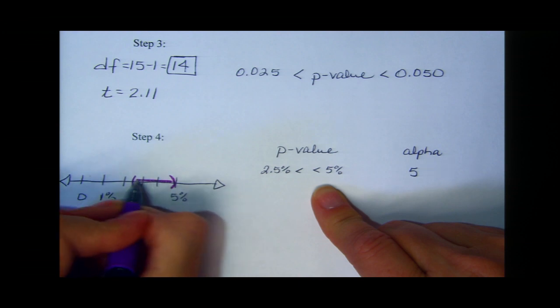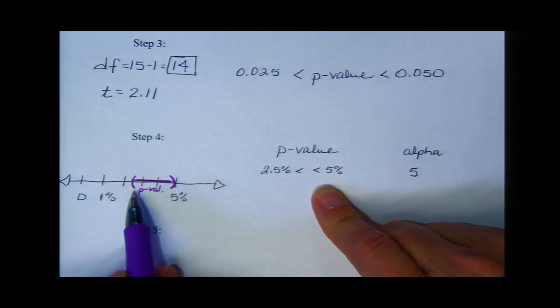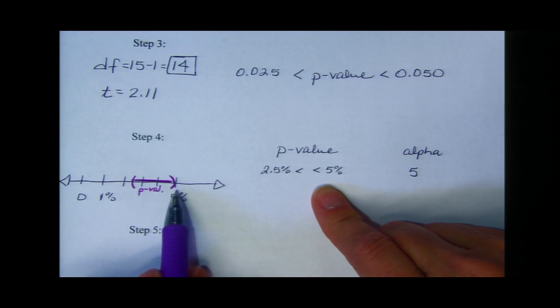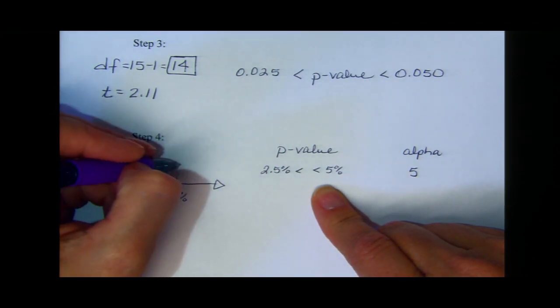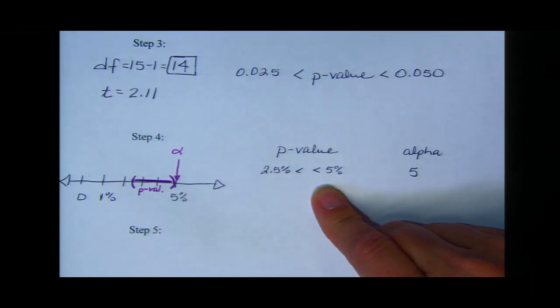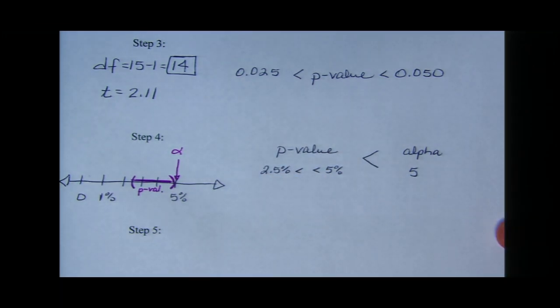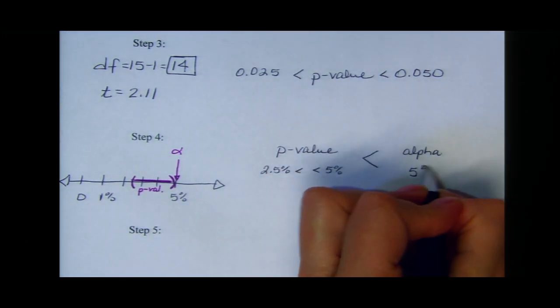Here's where you need to be careful. So here's my p-value. It's not 2.5 and it's not 5. And why that's important is because your alpha is 5%. Well, we can see the p-value, although very close, is less than alpha.